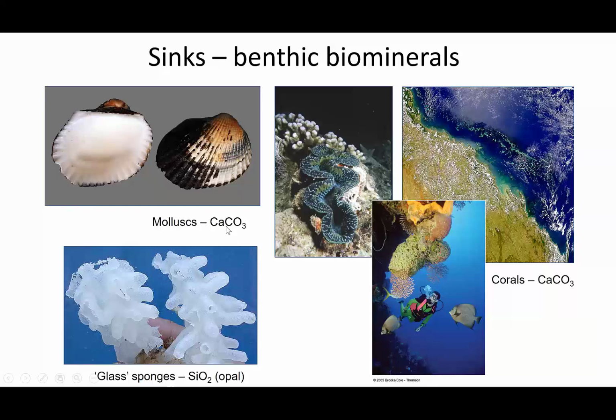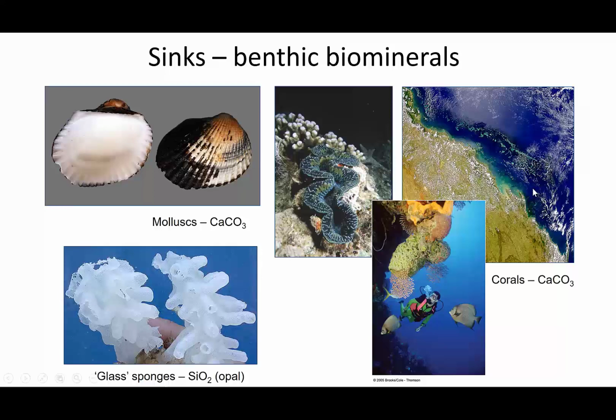They form their shells out of calcium carbonate. Both the calcium and the carbonate ions are extracted from seawater. And again, they form very large amounts, to the extent where you can produce huge structures like the Great Barrier Reef that are several thousand kilometres long and can be seen from space, as in this diagram here.